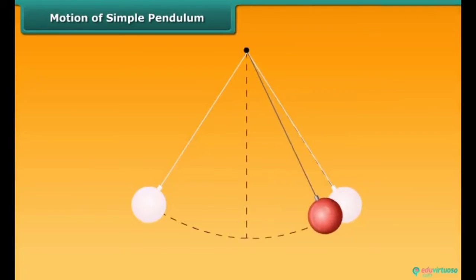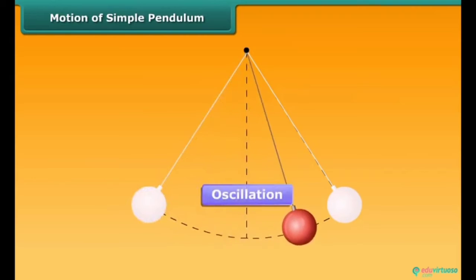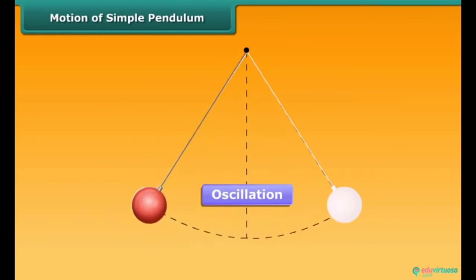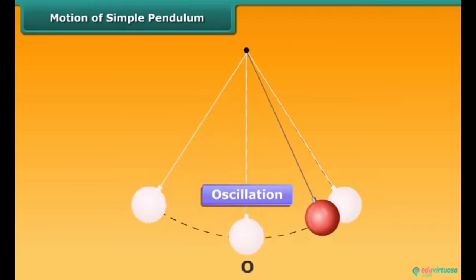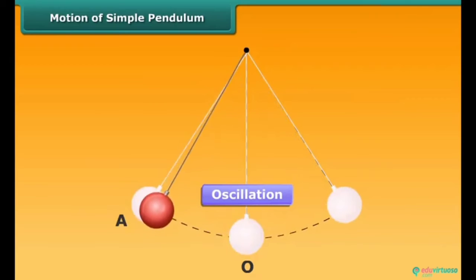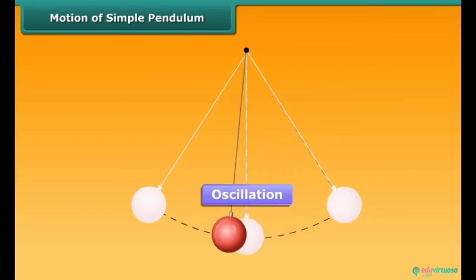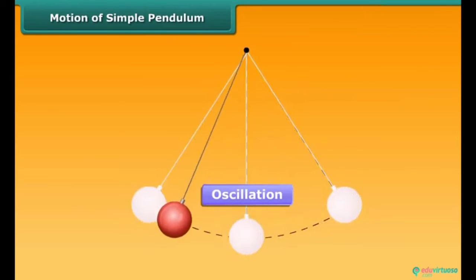Now, what is an oscillation? A pendulum completes every swing or every oscillation in exactly the same time provided its length is kept constant. In other words, the time period of oscillation of a given pendulum is constant.